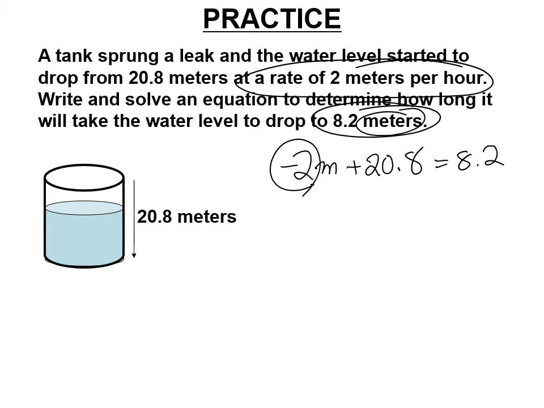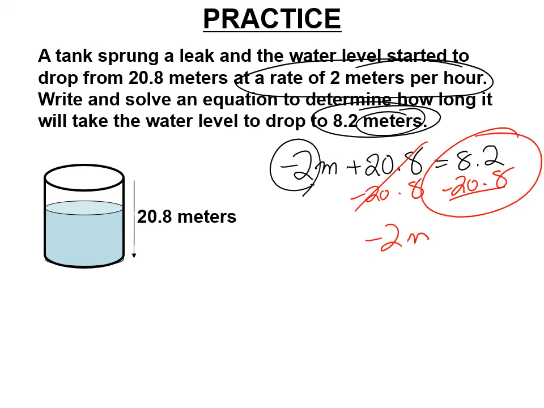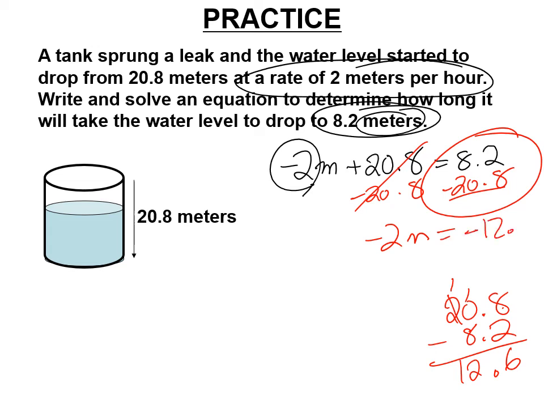Now, we're going to subtract 20.8 from both sides, and you get negative 2m. Now, you cannot do this subtraction this way, right? The bigger absolute value has to go up top when you actually do subtraction. 8 minus 2 is 6, and borrowing, we get 12.6. So negative 2m equals negative 12.6, right?